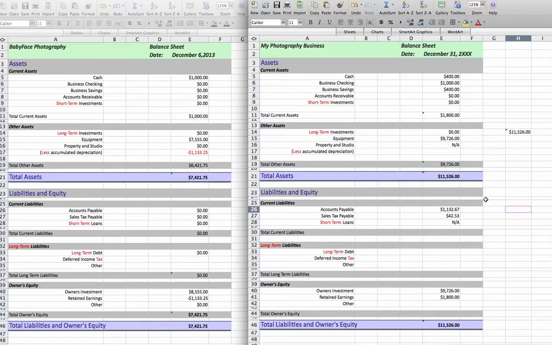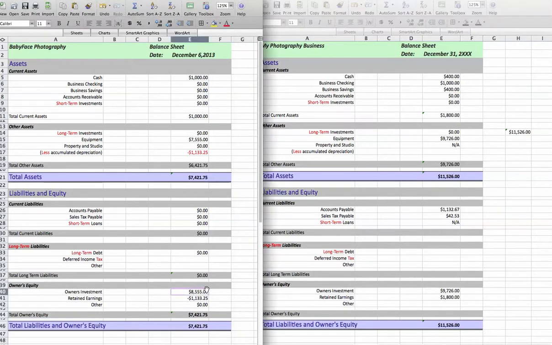Your owner's investment is essentially this figure right here, 7,555 minus the $1,133.25. Okay, that goes here, owner's investment.